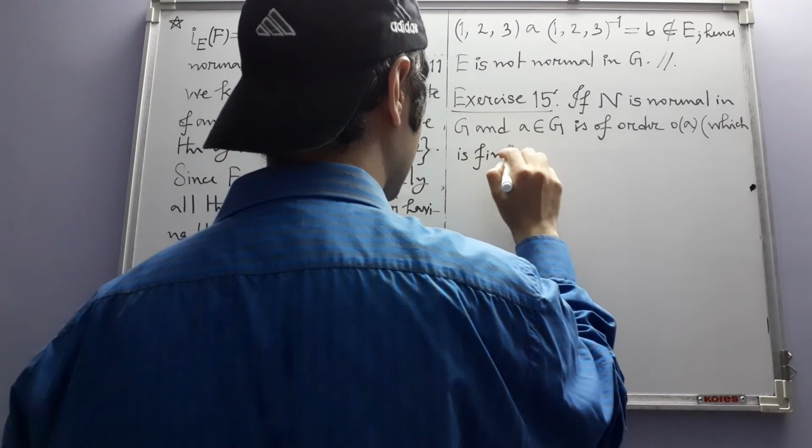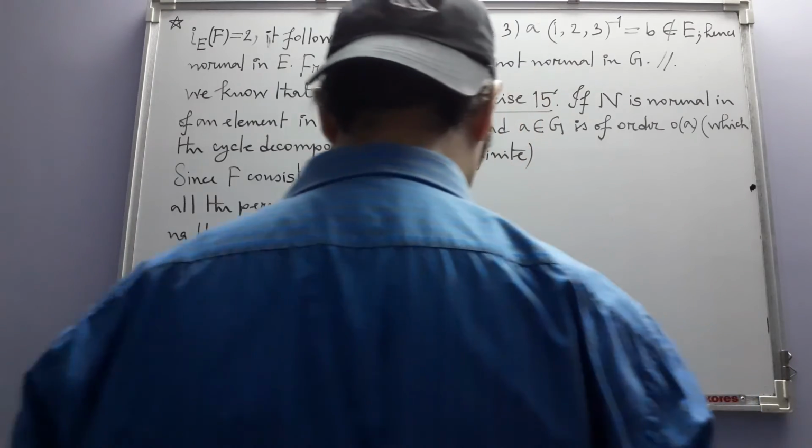So that means A is an element in G of finite order.